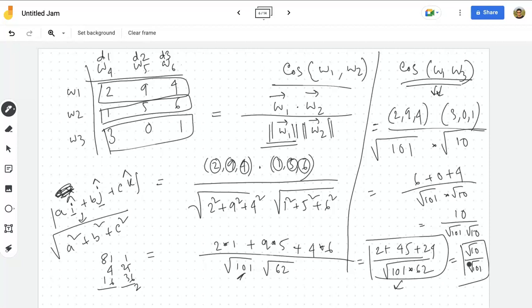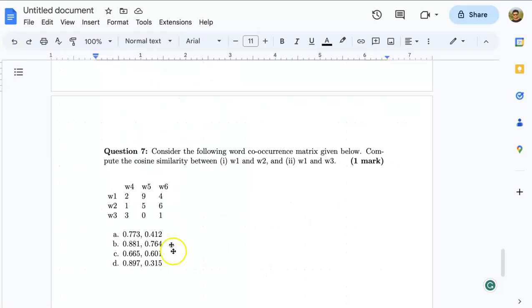I am not sure what the correct answer is here. Maybe 0.33.